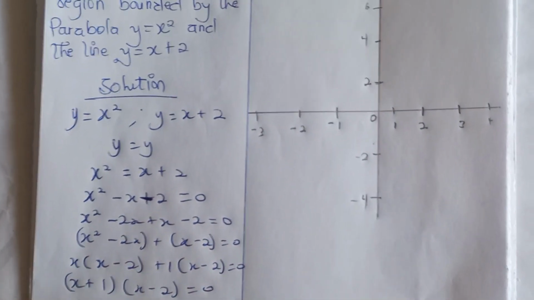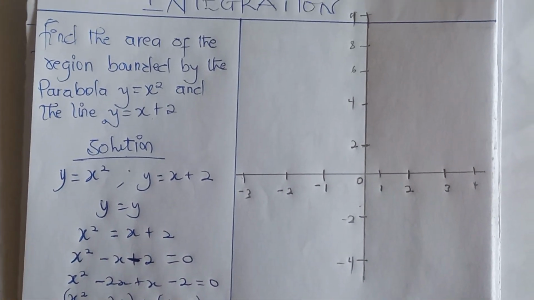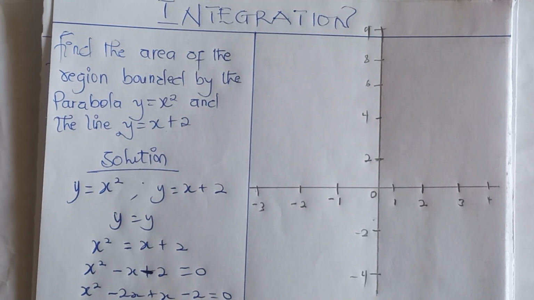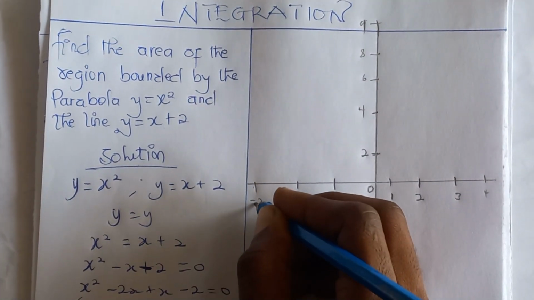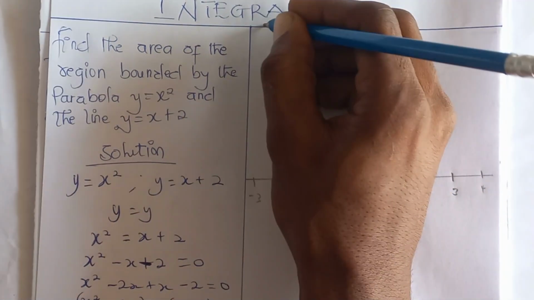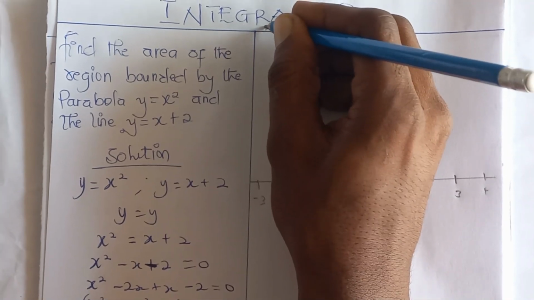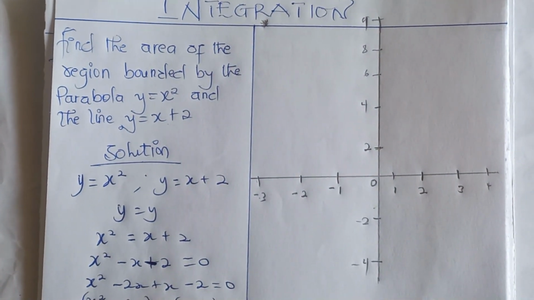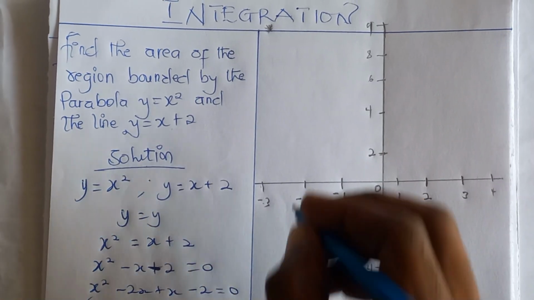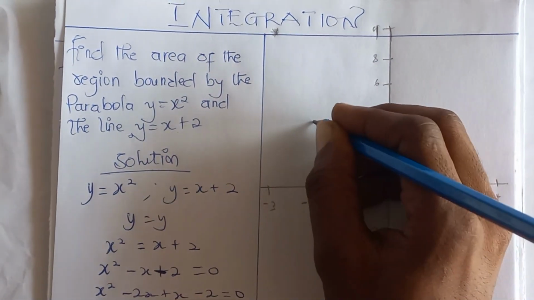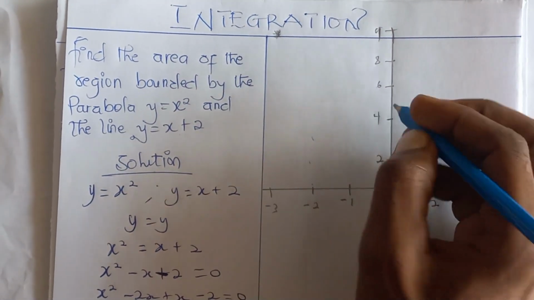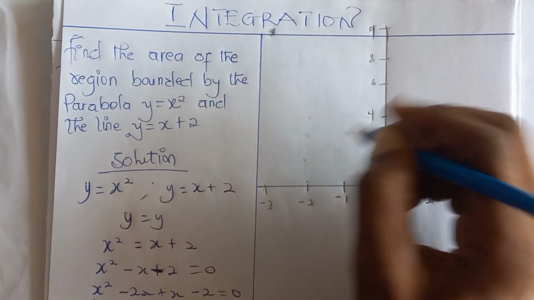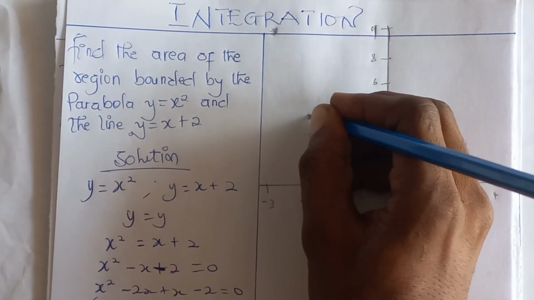So let's draw the curve for y is equal to x squared. So we have -3, 9. So it will be somewhere here. We have -2, 4. So -2, we have 4, somewhere here, like this.